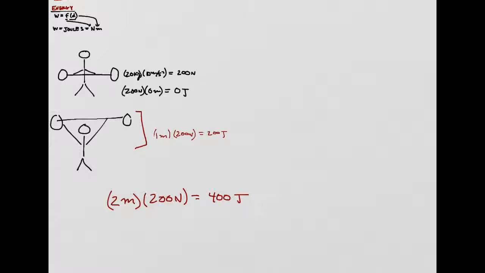And likewise, if she were to double the weight of the barbell and lift it 1 meter, but this time the weight of the barbell was 400 newtons, she would also double from this first example the work done to lift the barbell.